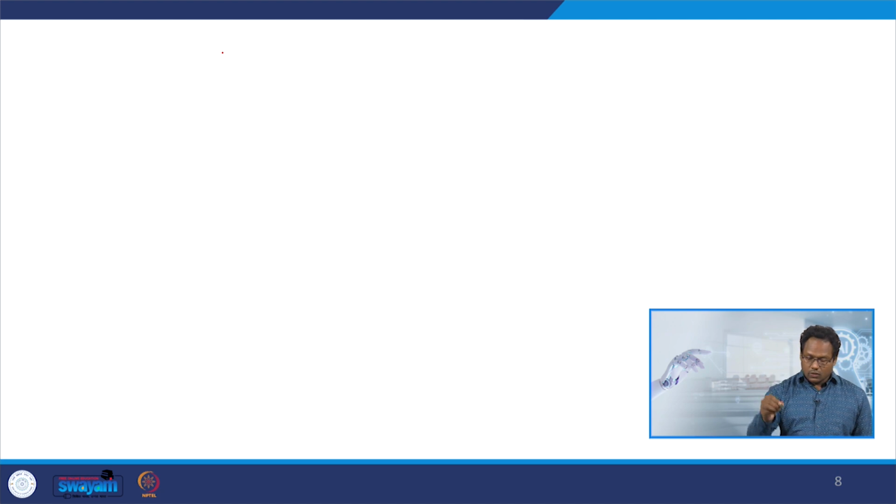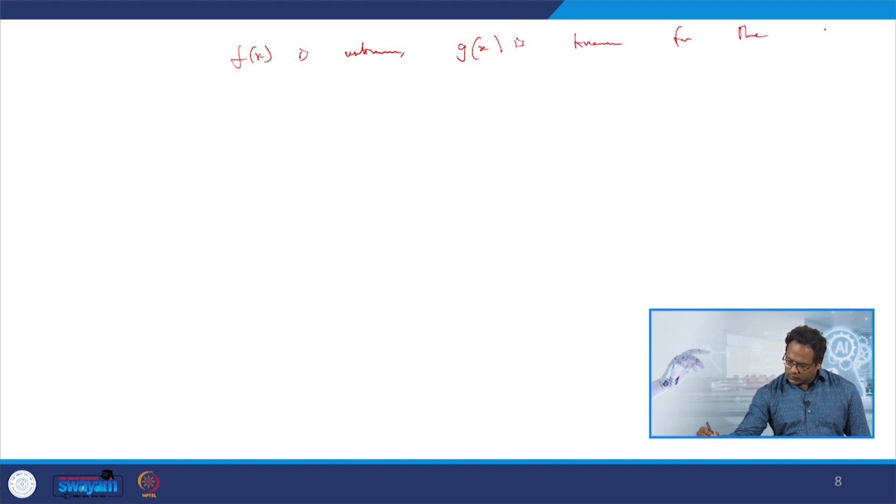Now in this case we have the strong notion that f of x is unknown, but g of x is known for the system that is expressed in the very first slide, which is system number 1 given by equation 1, which is the input affine system.